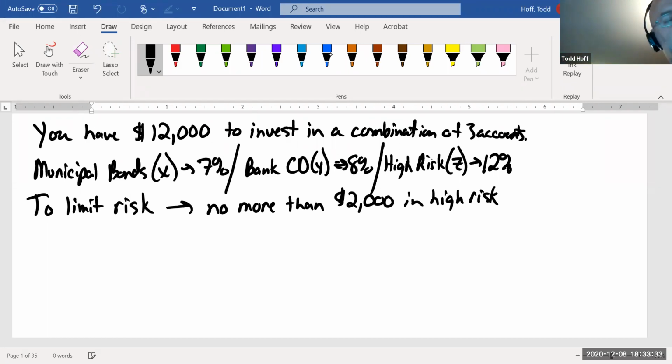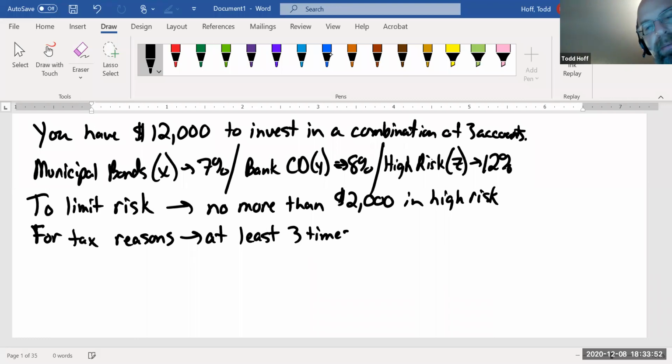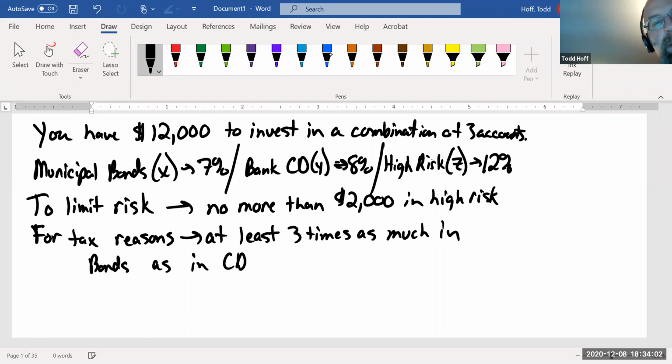That's in Z. For tax reasons, because there are tax breaks on interest on municipal bonds, we want at least 3 times as much in the bonds as in the CDs. So we want to maximize the interest for a year.